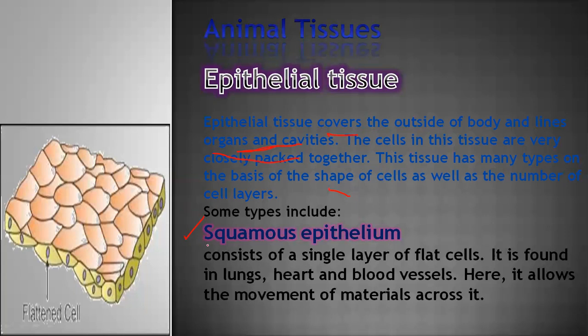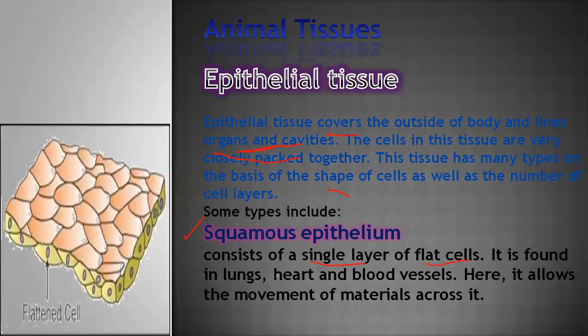We know that a fish's body is covered by very thin but flattened scale-like tissues. So squama means scale-like flattened cells. These flattened cells cover the whole lining of the body cavity, so it is just single layered and made up of flat cells.